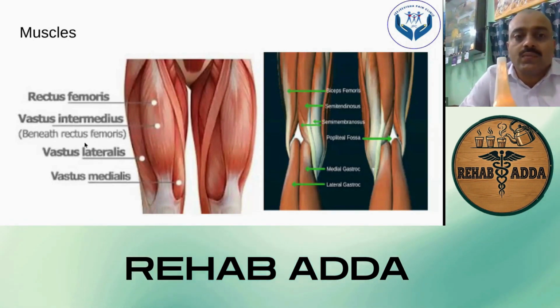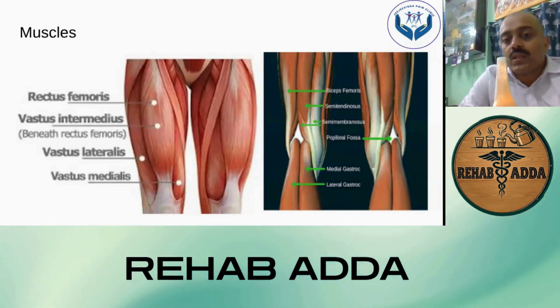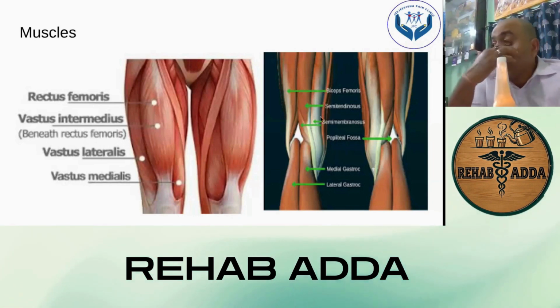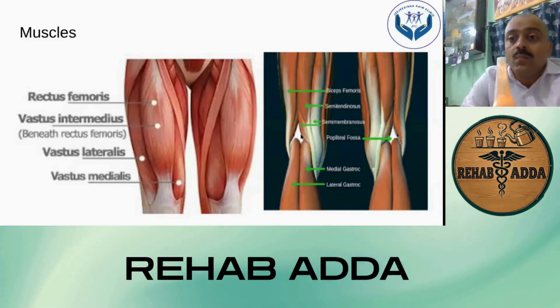So what are the muscles involved? Muscles are the rectus femoris, vastus intermedius, which is beneath the rectus femoris, vastus lateralis, because it is attached to the lateral side, and vastus medialis attached on the medial side. And if you go to the posterior side or back side, there is biceps femoris, semimembranosus, semitendinosus, and the popliteal fossa.